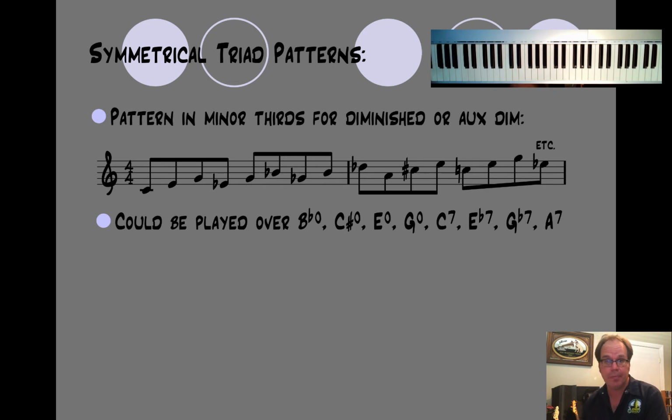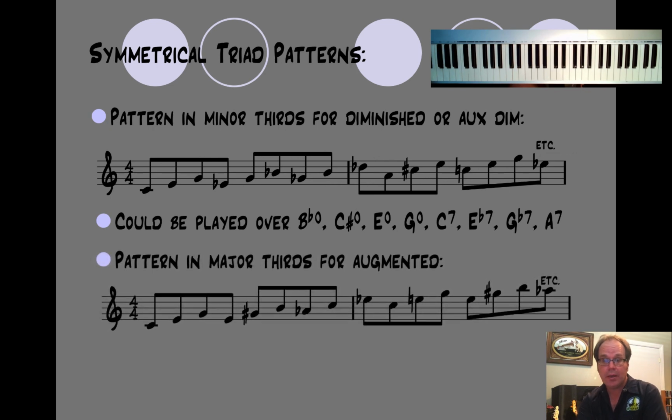So you're not only getting a cool lick, but there's all kinds of different places that you could play that cool lick. Here's the one for augmented, which I think I played already. So what if I played that over C major 7? A little bit out there, but hey, it's kind of contemporary sounding, right? Maybe you'd like that. Make up your own.